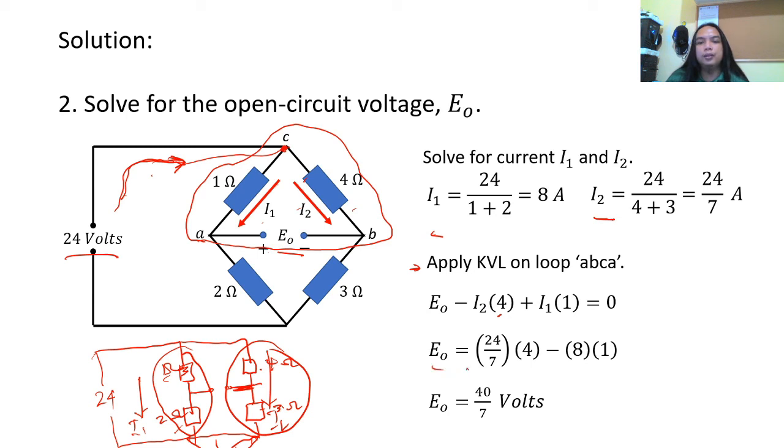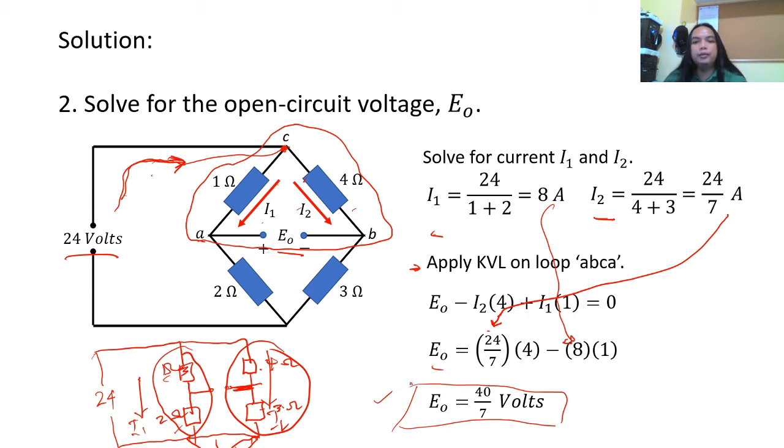So EO is equal to, with I2 being 24 over 7, you substitute it here. If we calculate that, you will get an answer of 40 over 7 volts. So we have here the values of our EO and RO.